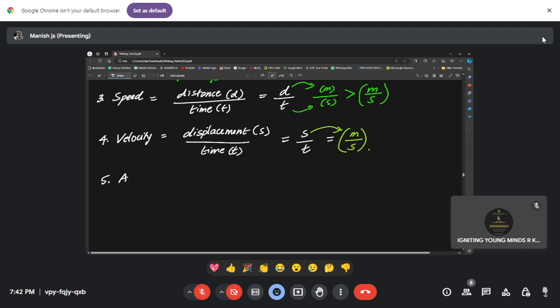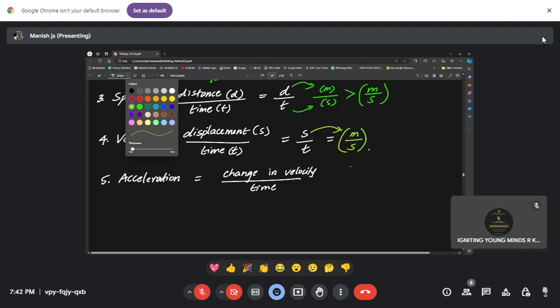We have something called acceleration. Acceleration is defined as the rate of change of velocity, which means you can write it as the ratio of change in velocity upon time. And what is its formula?